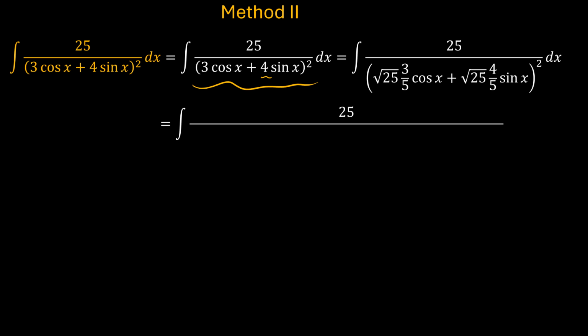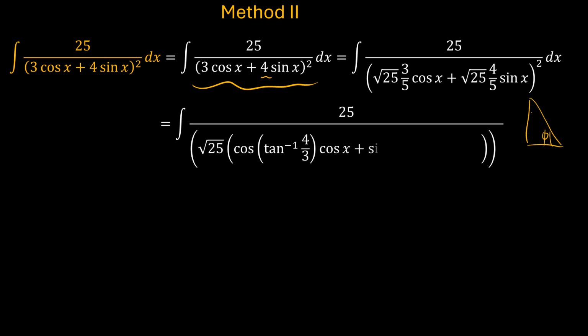It's very important to show that if you have a triangle and you have angle phi, and we put 4 there and we put 3 there, the hypotenuse becomes 5, and that angle phi is the arctangent of 4 over 3.